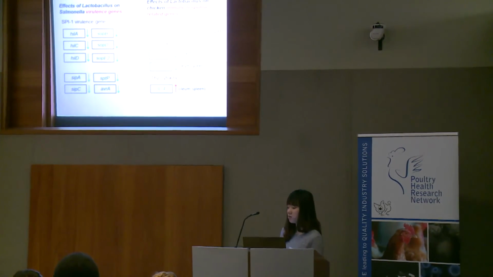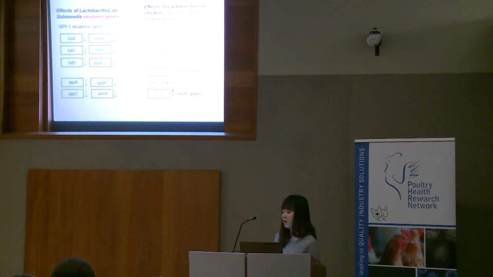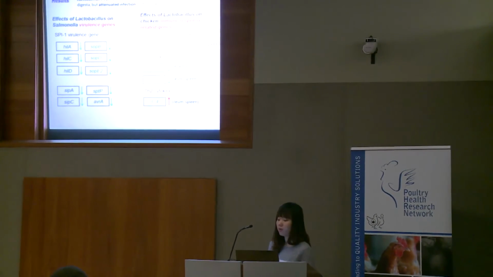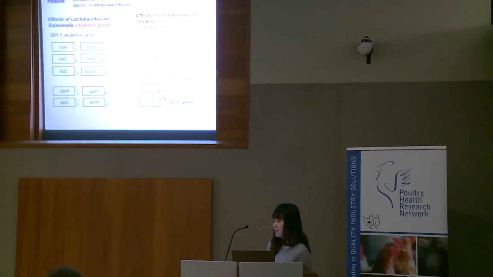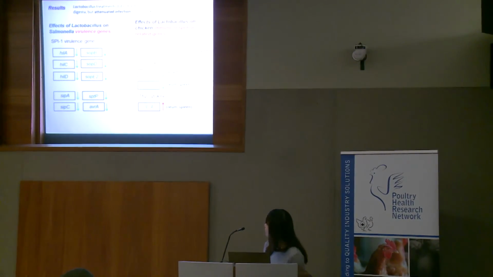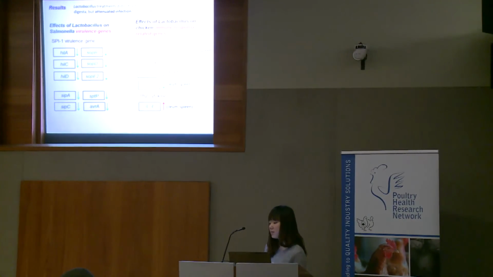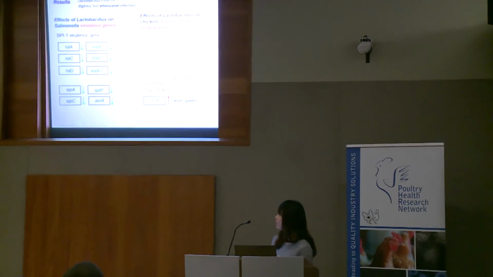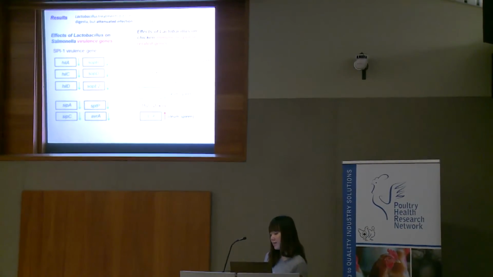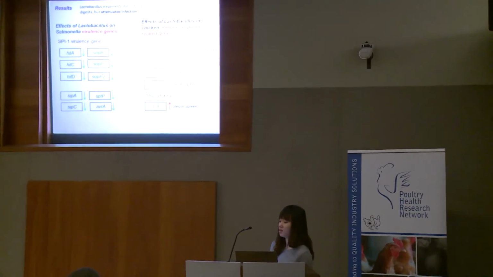And for the effects of the Lactobacillus on the chicken immune response related genes, we found that the pro-inflammatory cytokine interleukin-6, from the local organs cecum, tonsil, ileum to the systemic immune organ spleen, was all downregulated by the Lactobacillus treatment.